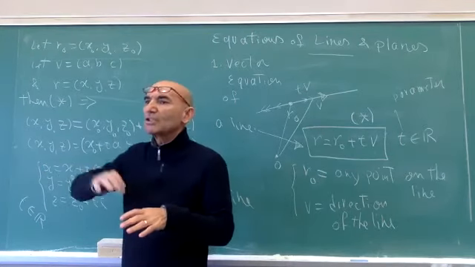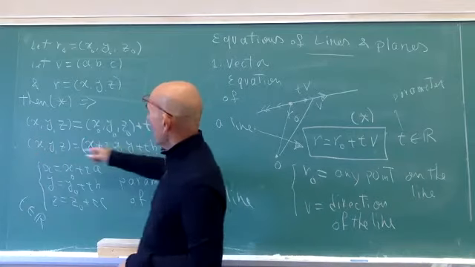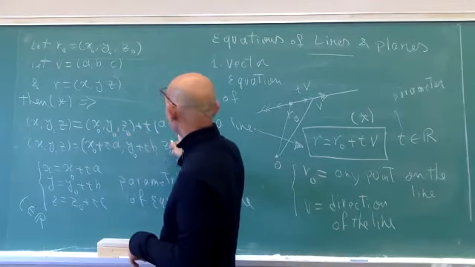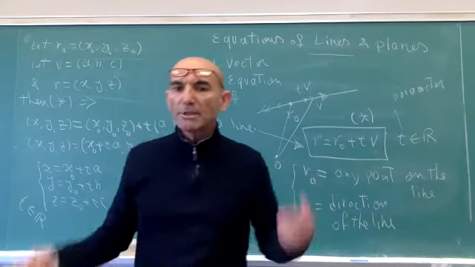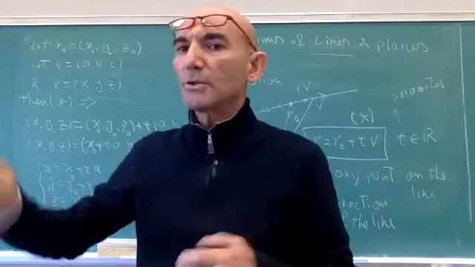A parameter is something that you can change. It's not fixed. x, y, z are changing, but x0, y0, z0 is fixed, a, b, c is fixed. So a parameter is something that is allowed to change.